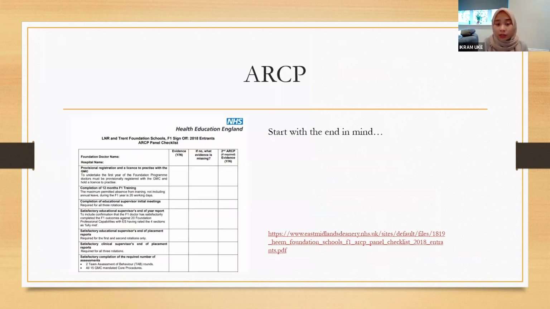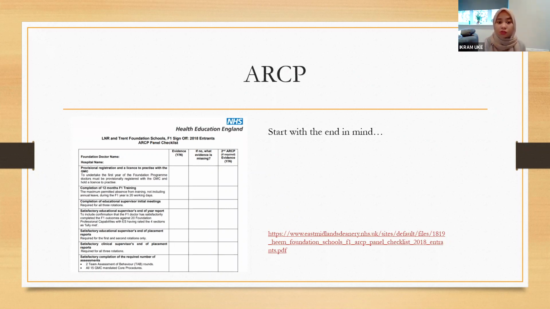Right, and another important thing to be aware of in your foundation year, in fact, in your journey as a doctor in training, is your ARCP. Always start with the end in mind. This basically is the final sign-off for each year that you progress. So make sure that you know what you need to do and what you need to achieve at the end of the year.